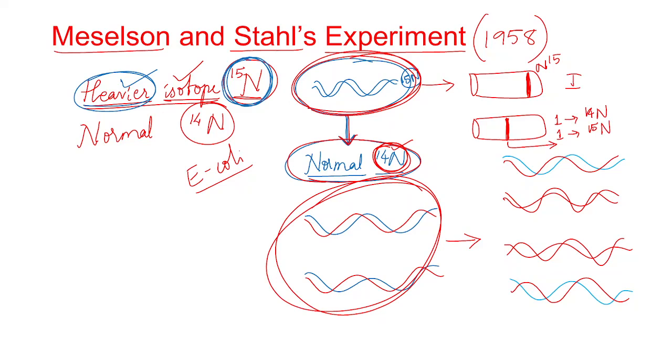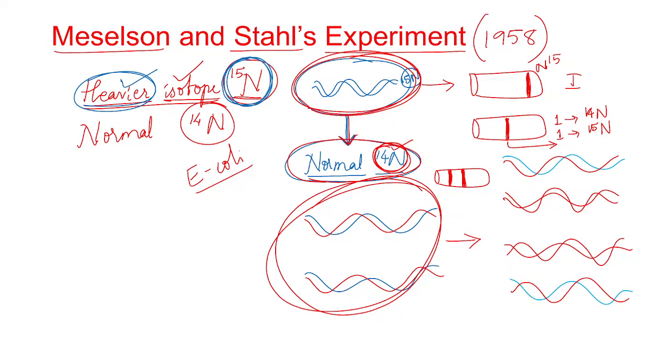In the third step, that means in the second generation when they have obtained, they found that some of them were present at the surface, and some of them were present in the middle, and none of them were present in the bottom.